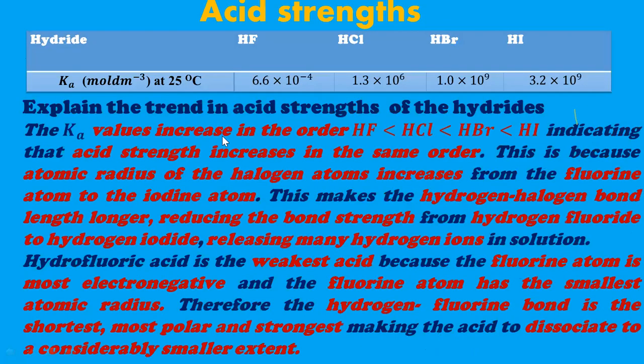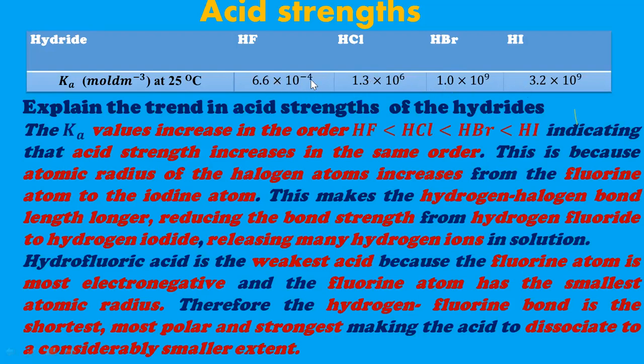Acid strength. You haven't looked at ionic equilibria, but you should know that the strength of an acid depends on the number of hydrogen ions produced in its solution. So this acid dissociation constant denotes the acid strength of the hydrides.